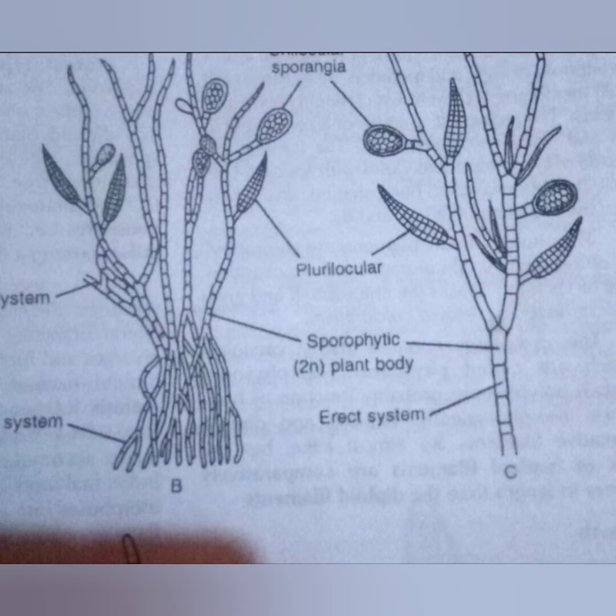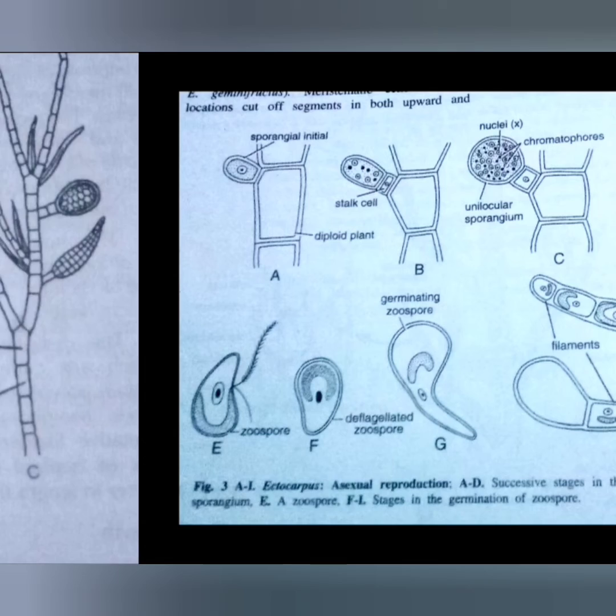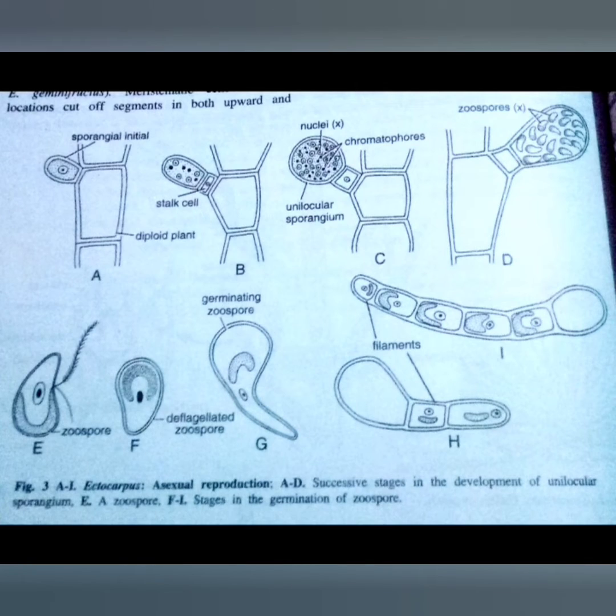Now coming to the unilocular sporangia first, these sporangia develop singly. Let me show you this figure. You can see here in figure A, these sporangia develop singly at the tip of the small branchlet.